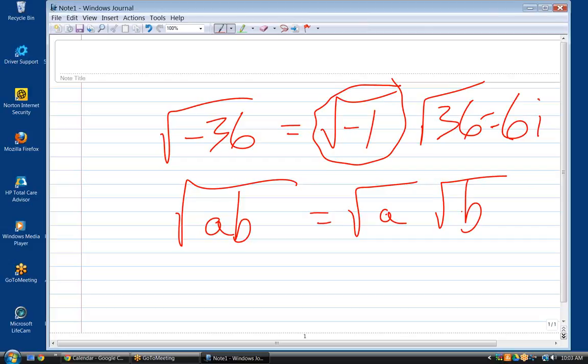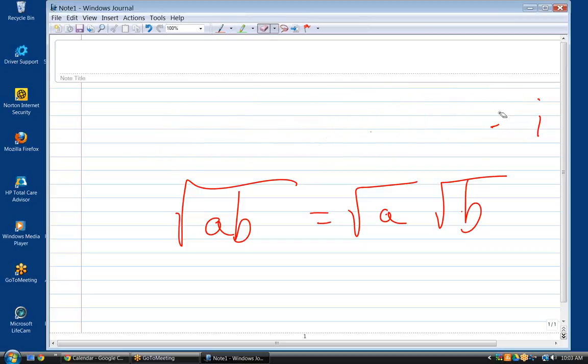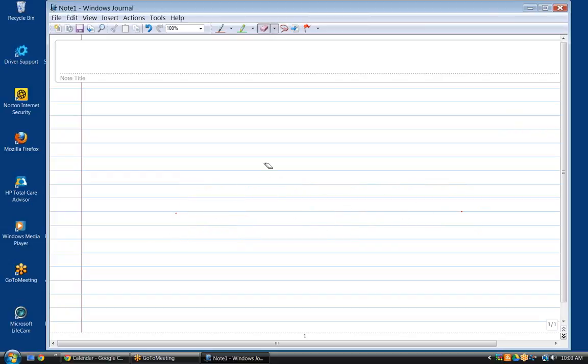Whenever you're taking the square root of negative numbers, that's when you get imaginary answers. And whenever you solve a quadratic with the quadratic formula and the discriminant is negative, you end up with imaginary numbers for the answer.